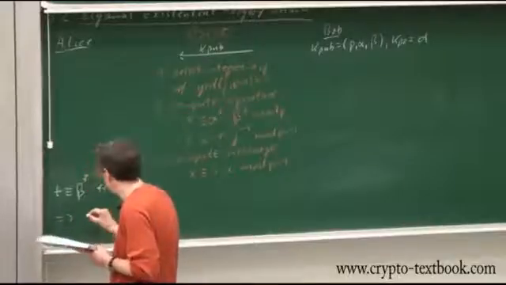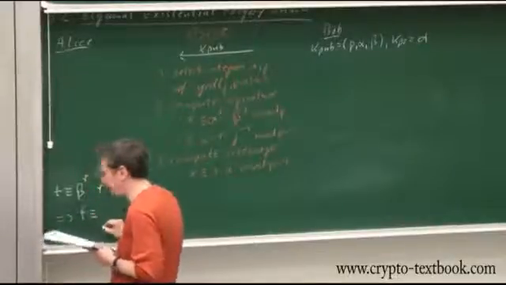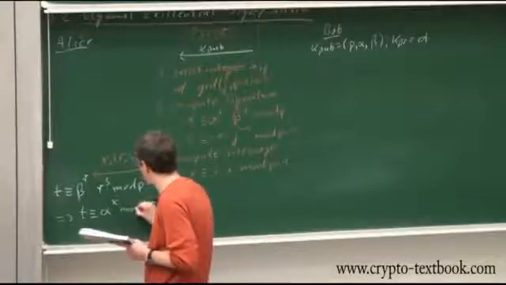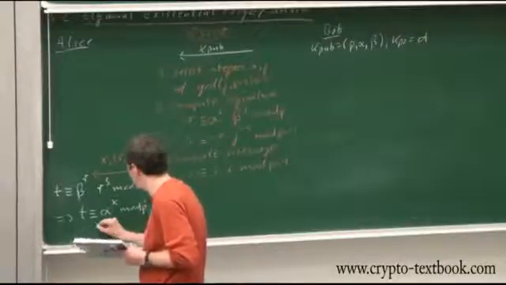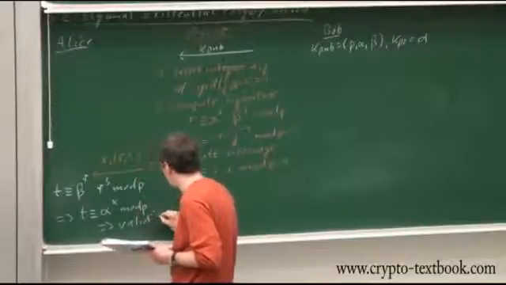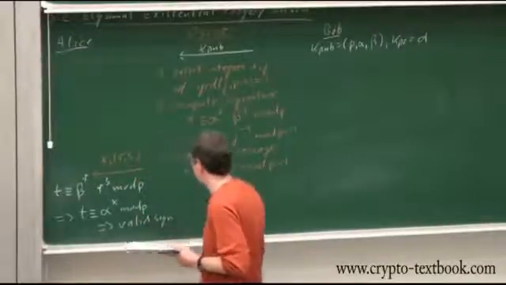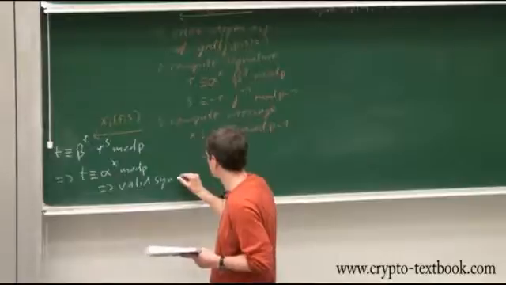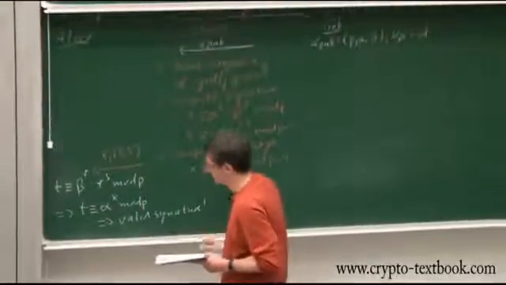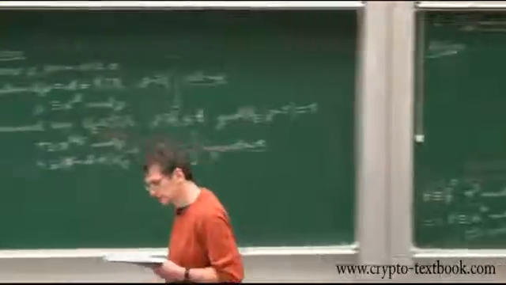And she will see that this is in fact identical to alpha to the x mod p, and therefore she concludes this is a valid signature, which is bad if you're a good guy.